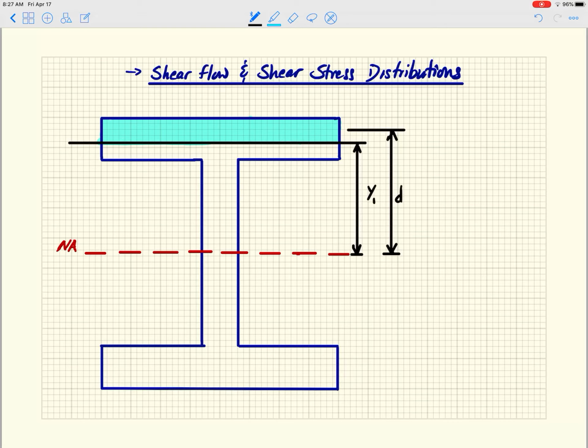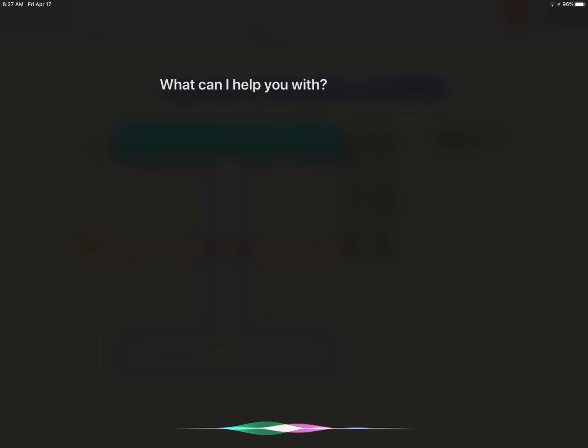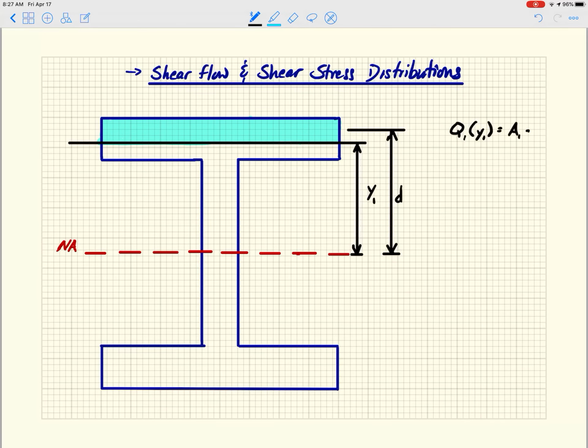So that is to the centroid of that area. So I can write over here that Q1, which is a function of y1, is simply area 1 times d. And this is the area 1. So that's my capital Q, first moment of the area, as a function of y1. That is not times y1, it's just as a function of y1.